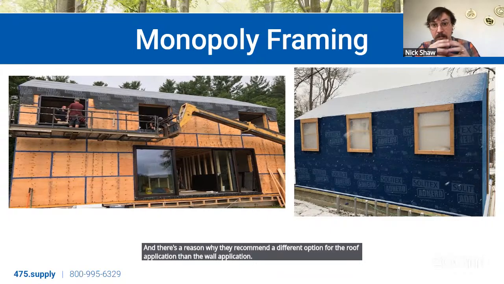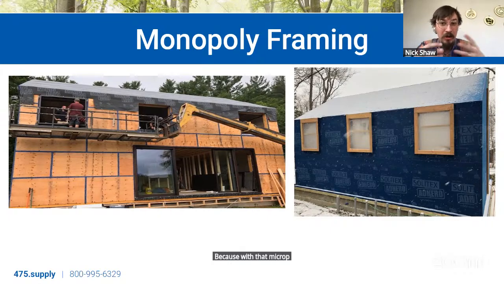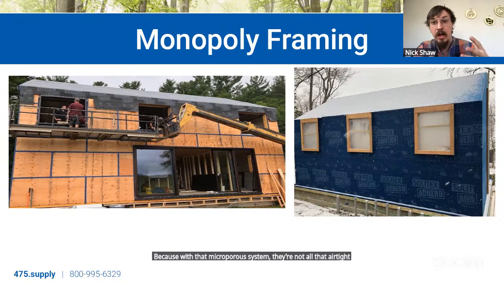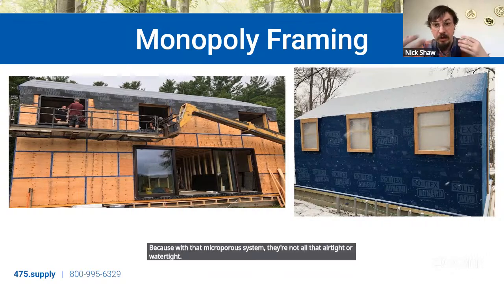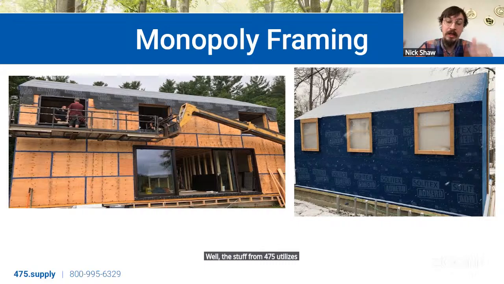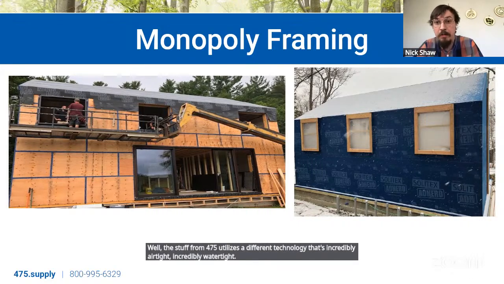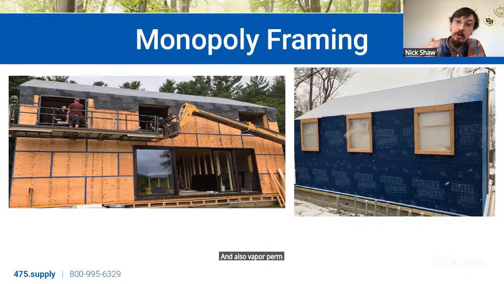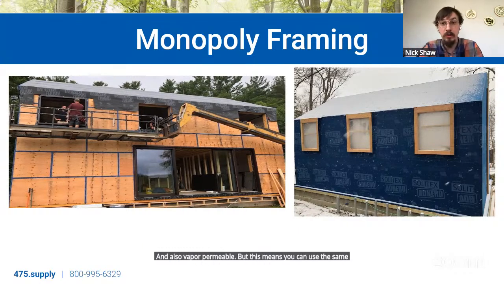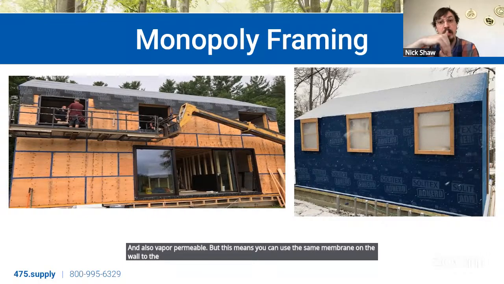Because with that microporous system, they're not all that airtight or watertight. While the stuff from 475 utilizes a different technology that's incredibly airtight, incredibly watertight, and also vapor permeable. But this means you can use the same membrane on the wall and the roof. And we just want to shiplap that seam to promote drainage.